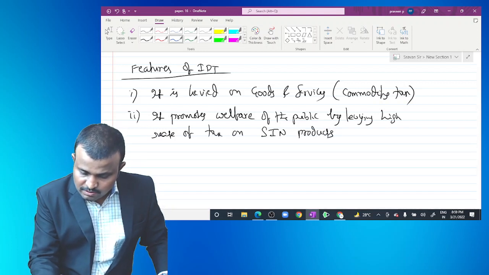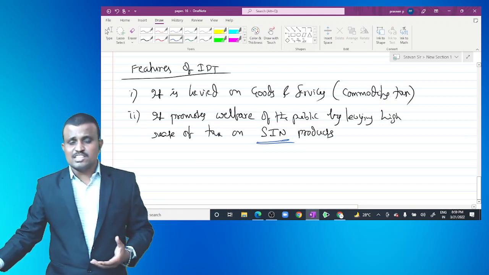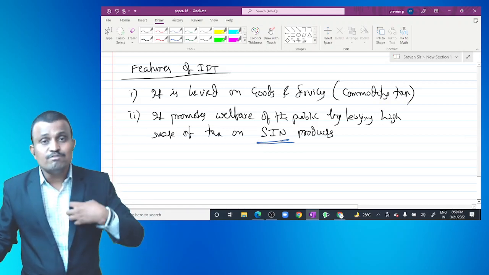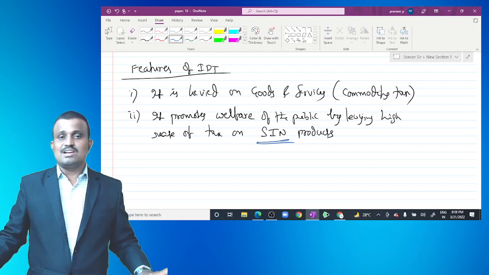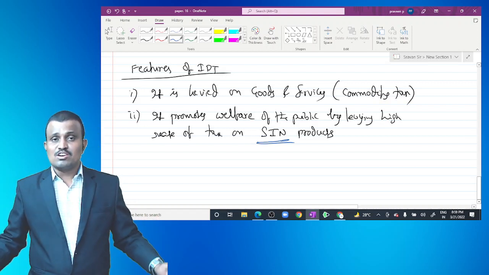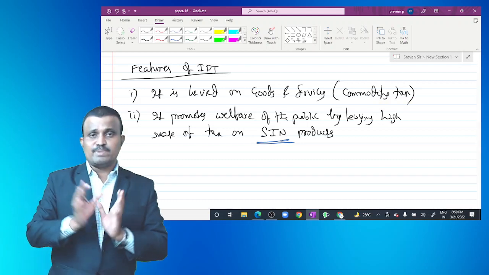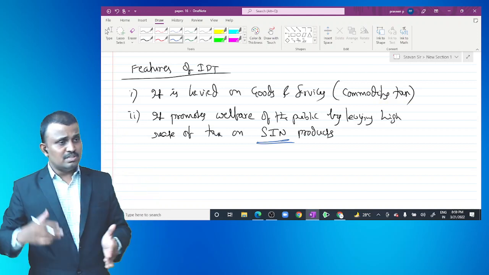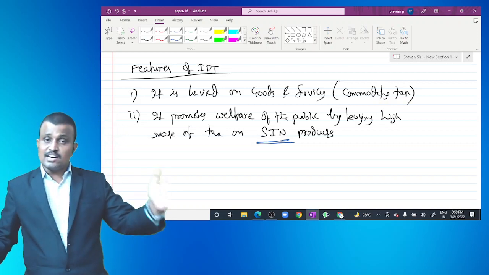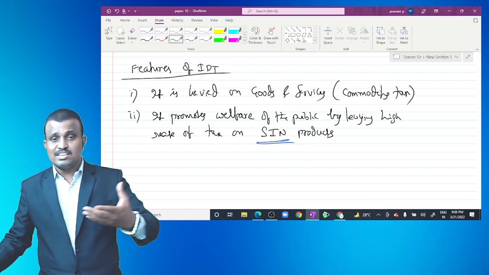Here we use the word sin product. Sin products are those goods which are harmful to the health of human beings, like alcohol and tobacco products. In case of alcohol, the state government imposes high rates of taxes on the product, like around 75%, 60%, 100%, 125%.